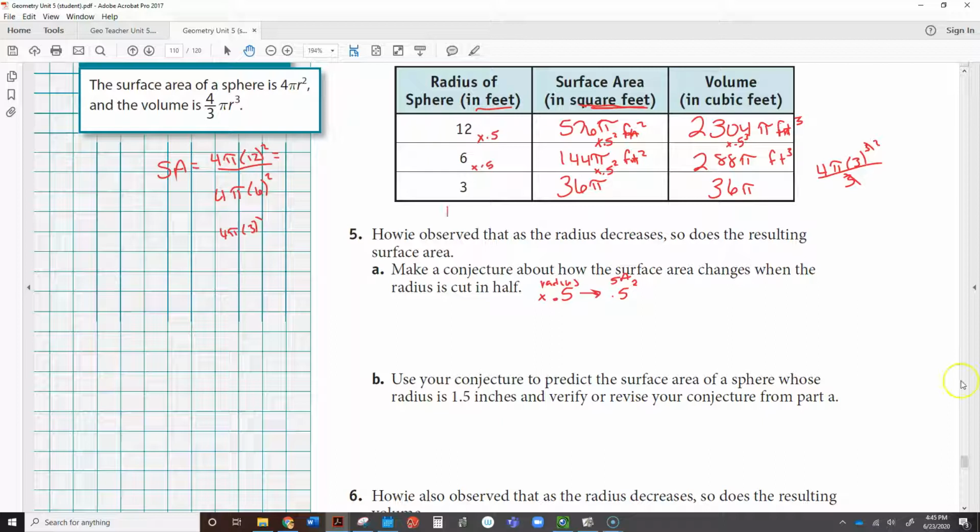Make a conjecture that if the radius is 1.5, verify. Then this one right here, take this and multiply it. And this is what they're hoping that you'll see, is that this is a ratio. So 0.5 over 1 is equal to the ratio.